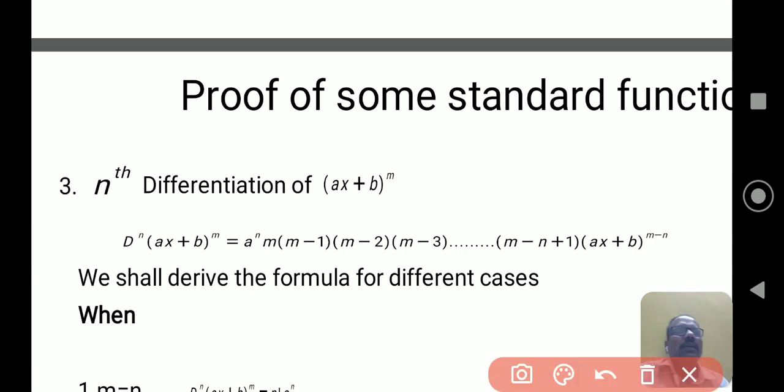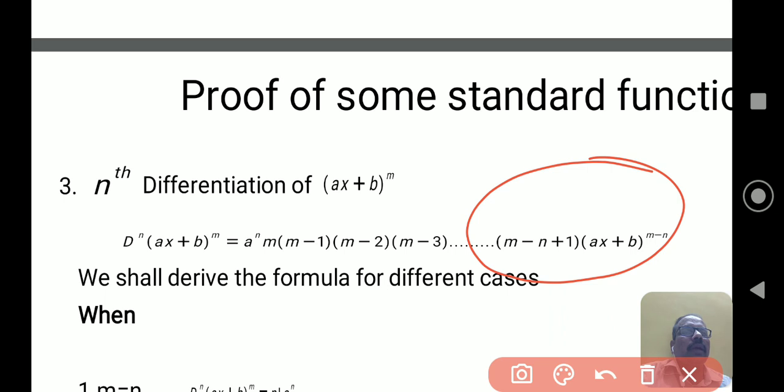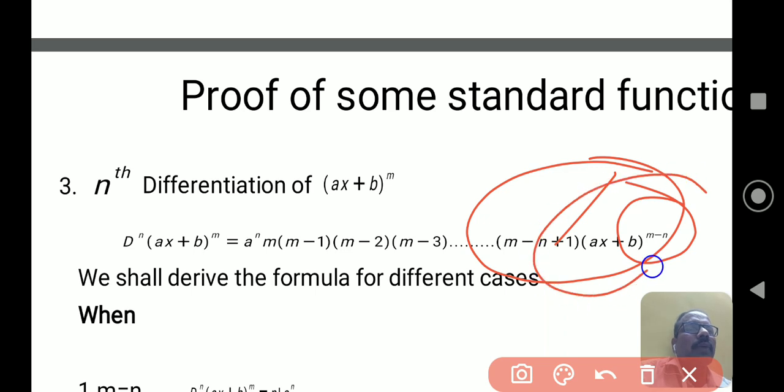Finally, the last term can be written as m minus n plus 1, and it will be ax plus b whole to the power of m minus n. M is nothing but the power of the polynomial or algebraic function. The n is called the order of derivative, that is, the number of derivatives we are taking. And n means the final term has the power m minus n.